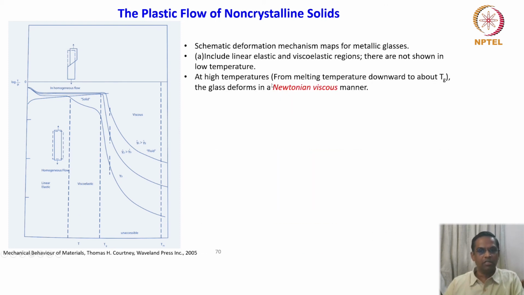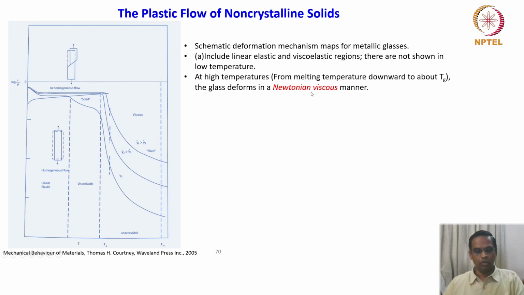At high temperatures, from the melting temperature downward to about Tg, in this region, the glass deforms in a Newtonian viscous manner. Just below the Tg, in about this stress range, the material obeys Newtonian viscous flow.